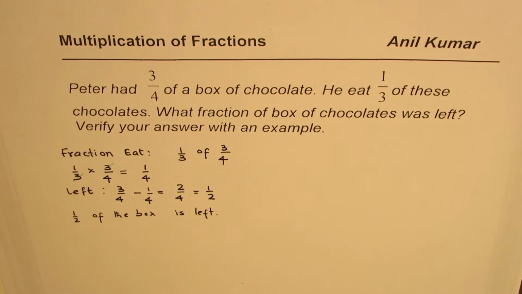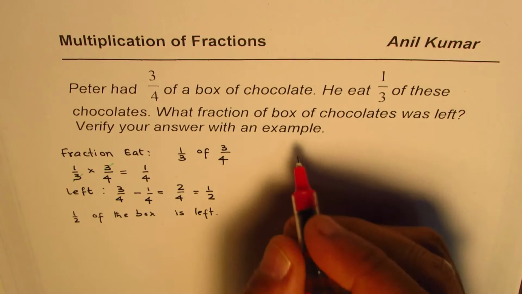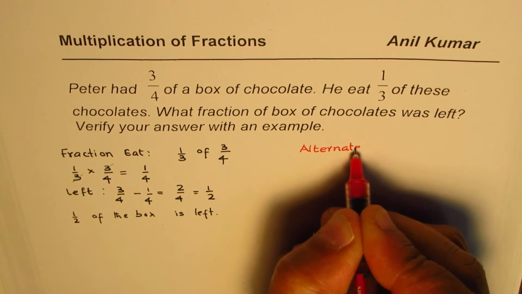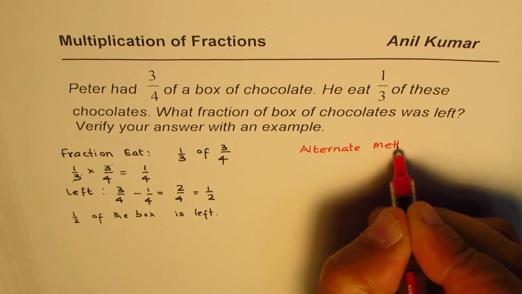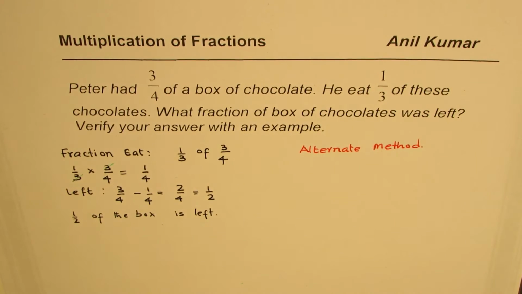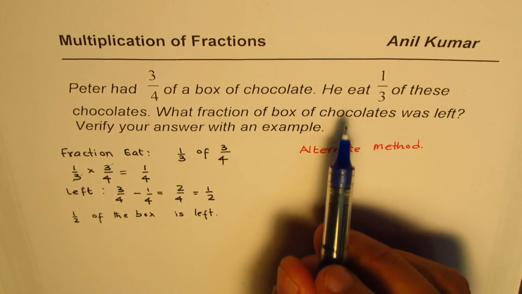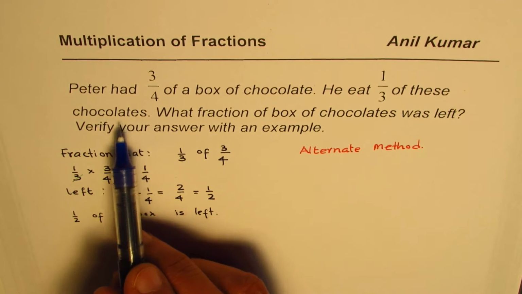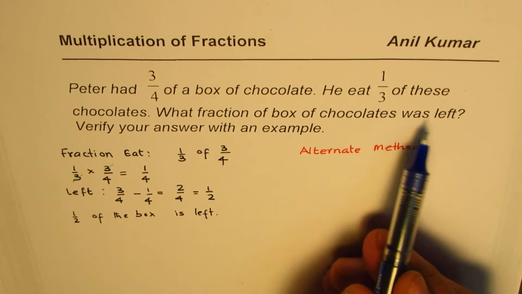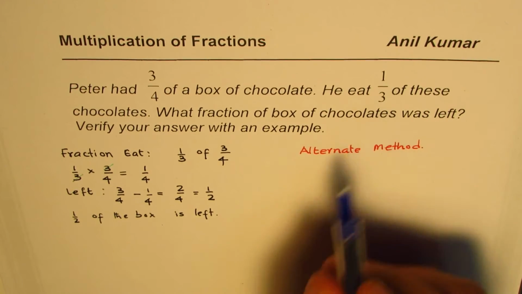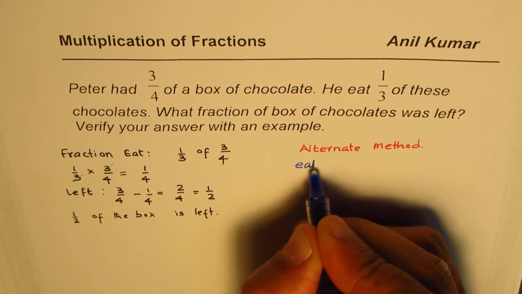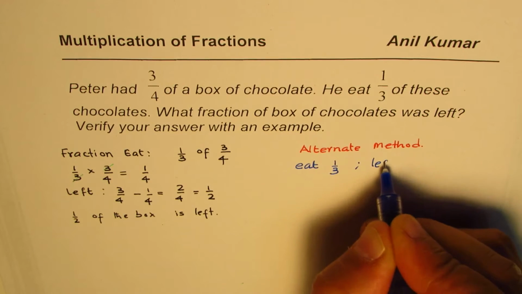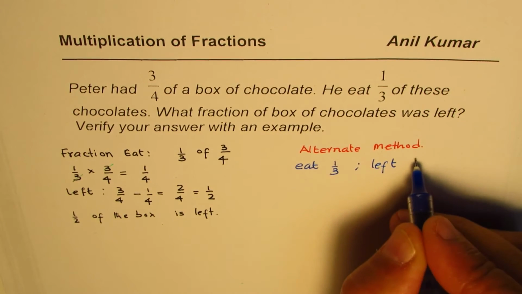Alternate method, let me show you here. When we say he ate 1/3 of these chocolates, and we want to find how much was left: he ate 1/3, that means left is how much? 2/3.